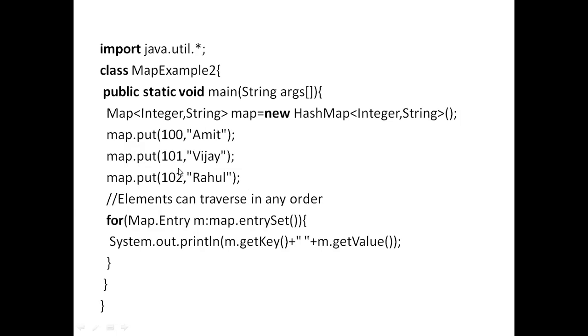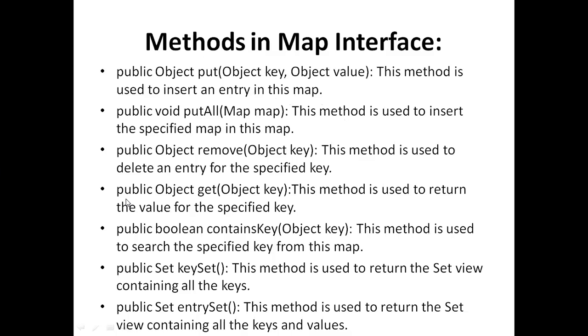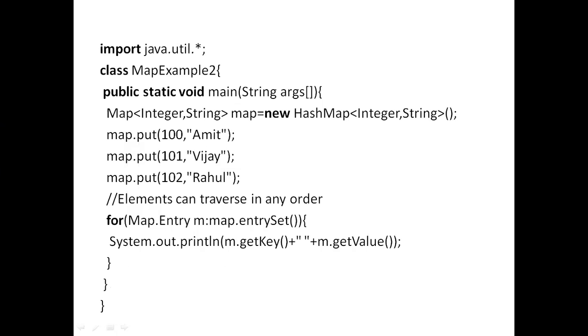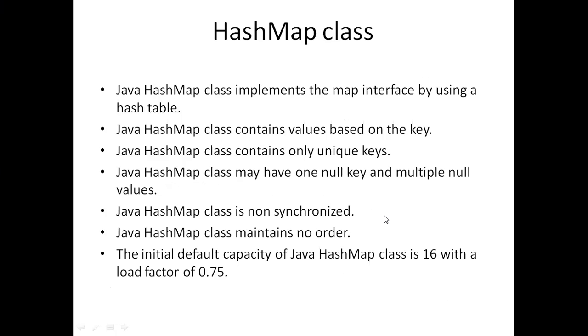If I want to traverse this, I can use this syntax: for Map.Entry m : map.entrySet(). We have already discussed entrySet. If you do this, 100 Amit, 101 Vijay, 102 Rahul will be printed.